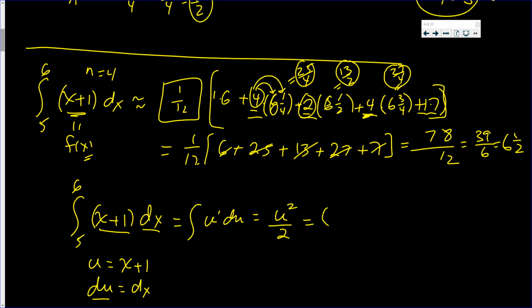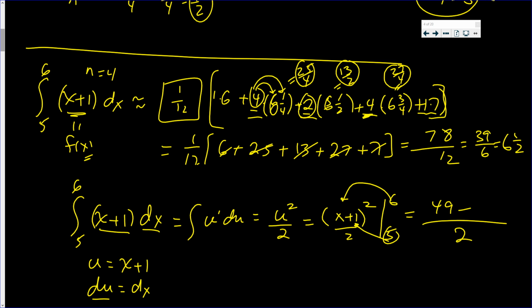We know it's going to be over 2. When you plug in 6, you get 6 plus 1 or 7. You square it, you get 49 over 2. And then when you plug in 5, you get 5 plus 1, which is 6. You square it, you get 36. So this equals 13 over 2, which is 6.5, which is exactly what we got.